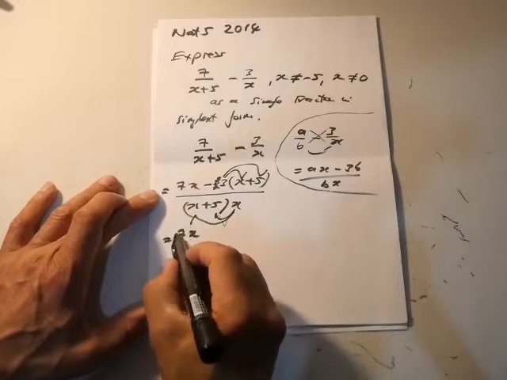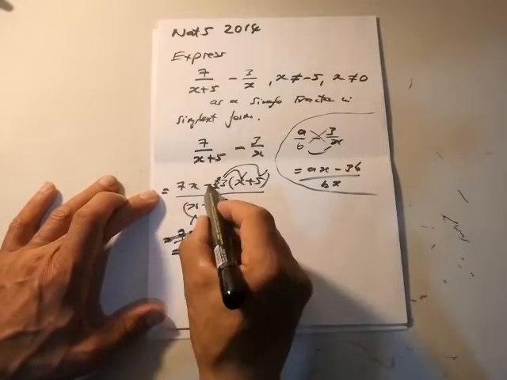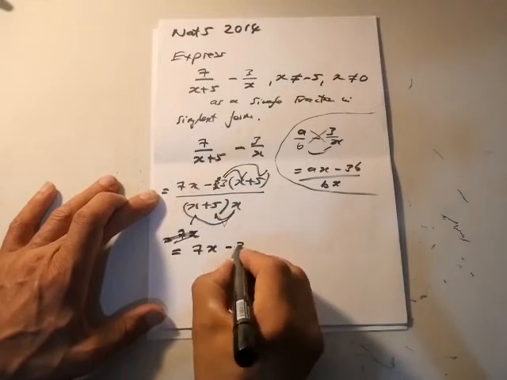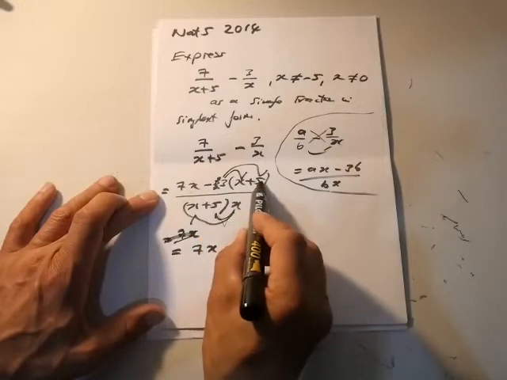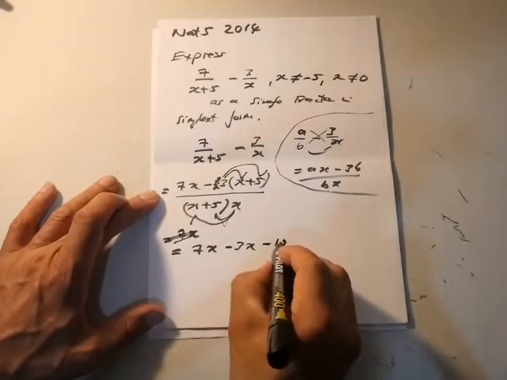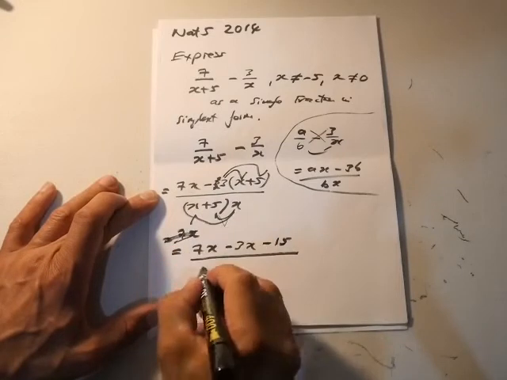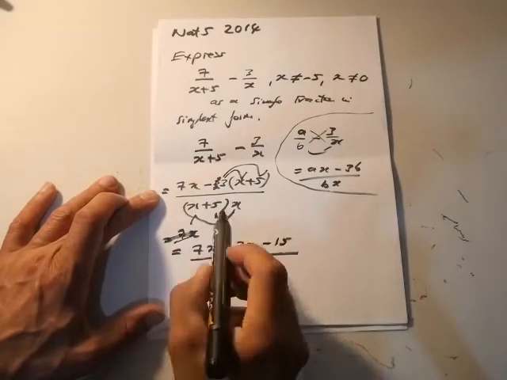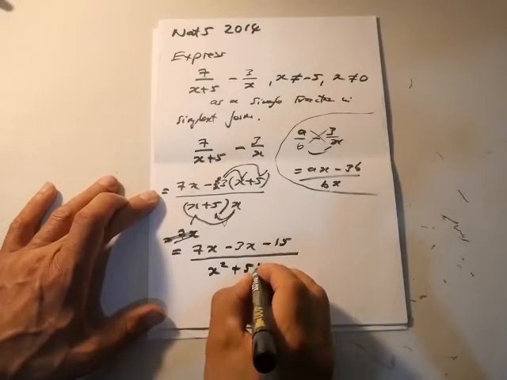So you get 7x, then minus 3 times x is minus 3x, and minus 3 times 5 is minus 15, over x times x is x squared, plus 5 times x is 5x. Okay?